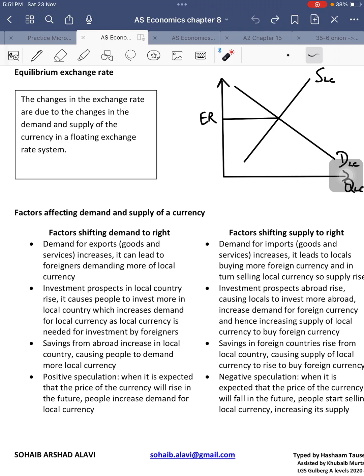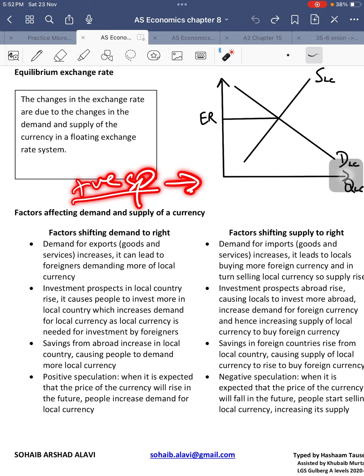So let's suppose you expect the value of the rupee to rise in the future. What will you do? You'll start to buy rupees today, right? Positive speculation means that people want to buy more rupees because they can sell them at a profit when the price of the rupee increases, right?